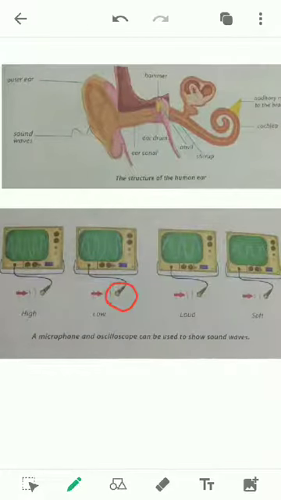If you want to check a sound's loudness, you make a sound here, and it will make a wave of that sound, as you can see here. The louder the sound, the bigger the wave. Here you can see they have written low sound and loud sound. The loud sounds have bigger waves than the low sounds.